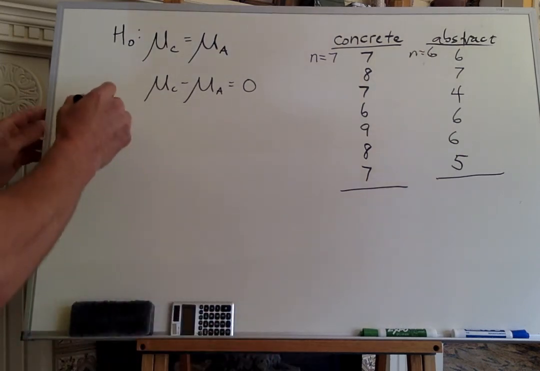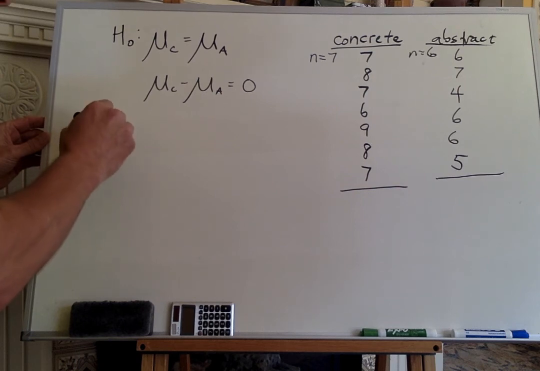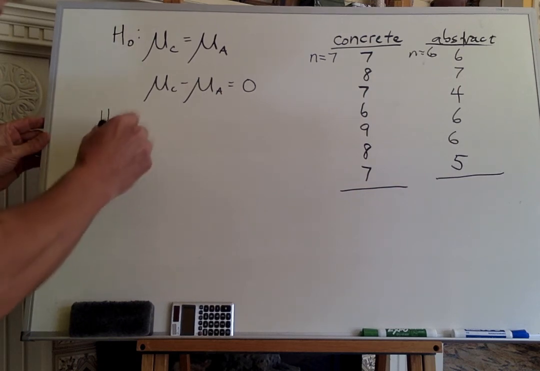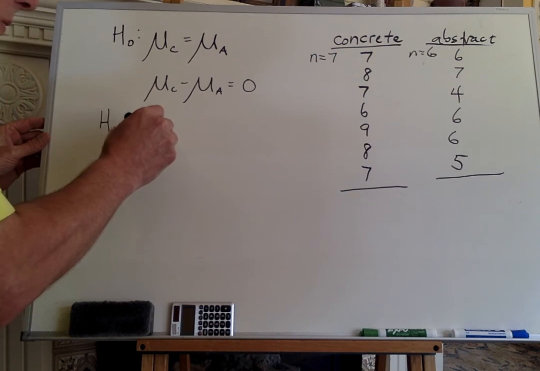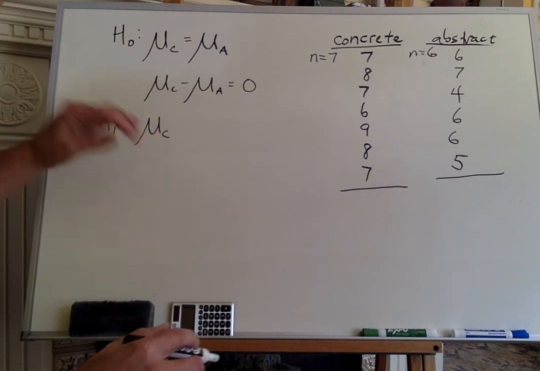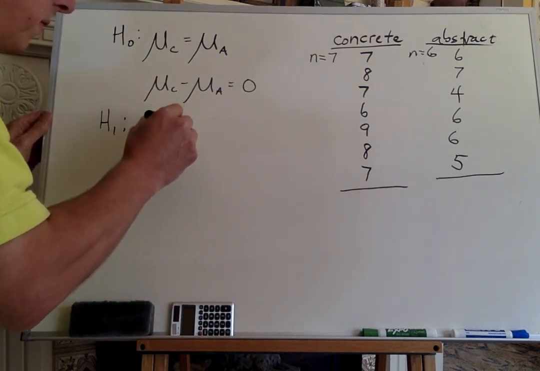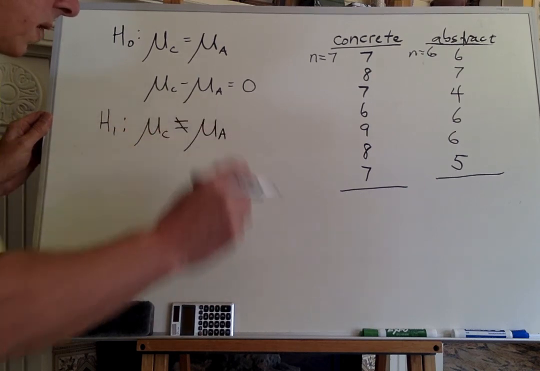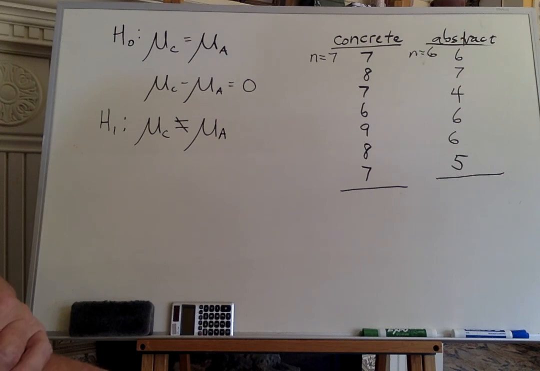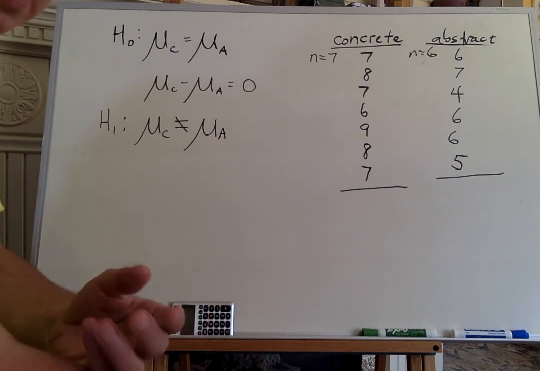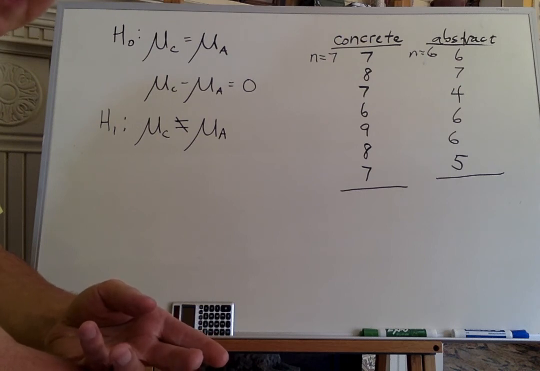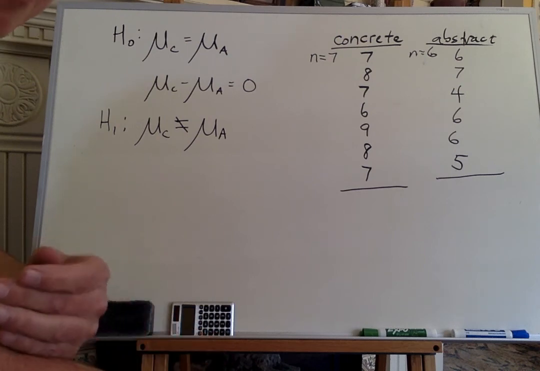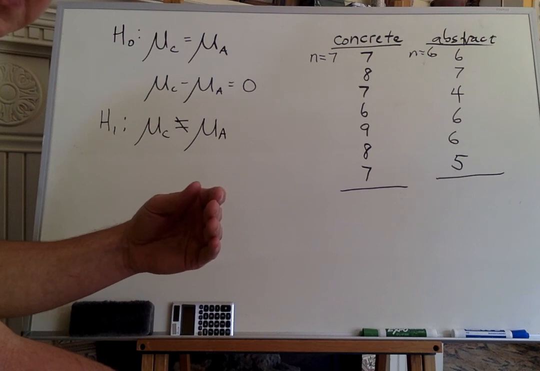Okay? So the alternative hypothesis then would be that the people who are exposed to the concrete words will have a different level of recall than those presented with the abstract words. Okay. Again, I'm going to do this as a non-directional hypothesis, or sometimes called a bidirectional hypothesis.